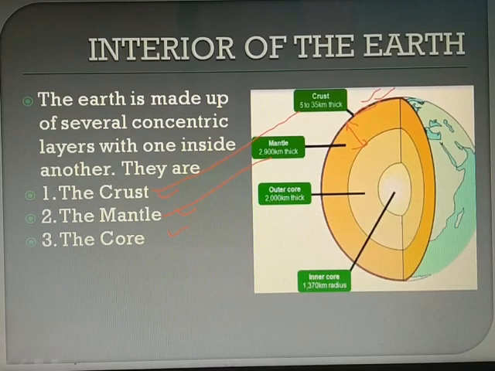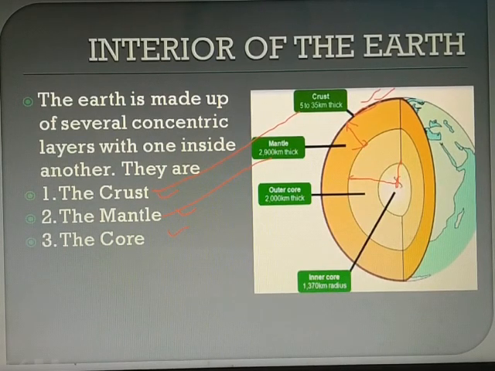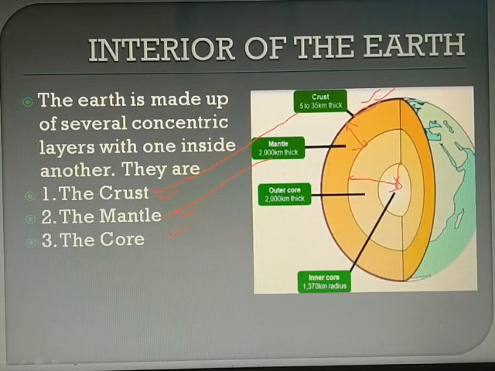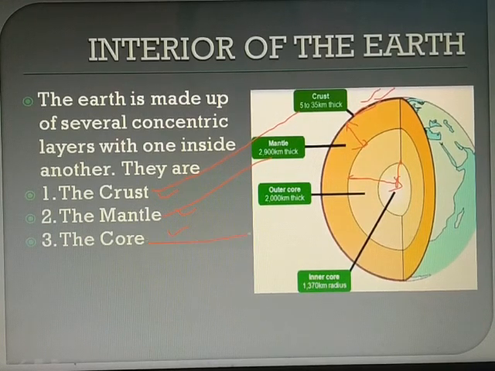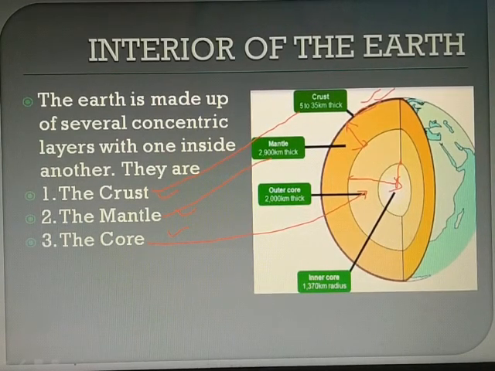And here we have two layers from the inside, this yellow-white one to the light yellow. These two layers are the core, the third one. So these three layers make the interior of the earth.